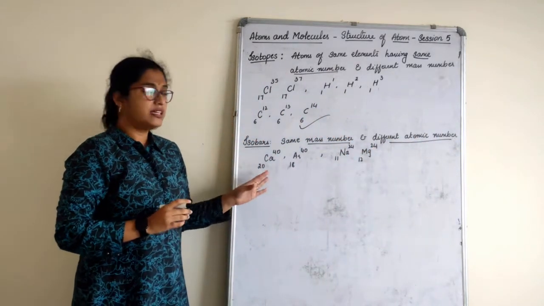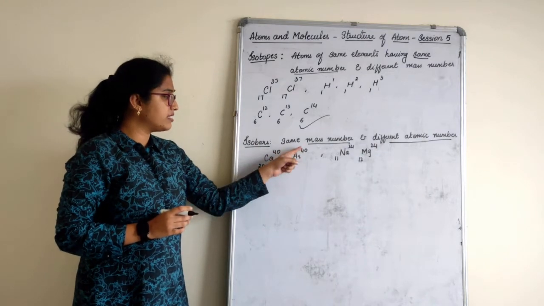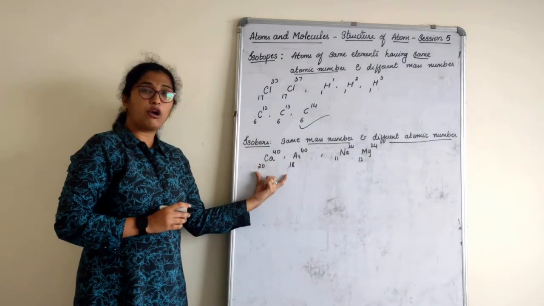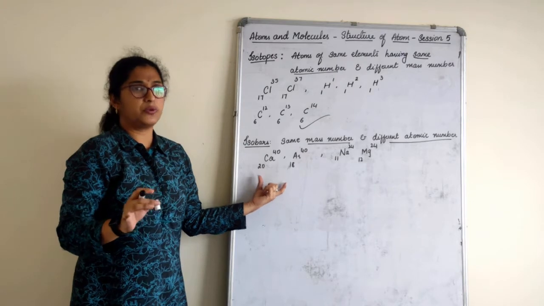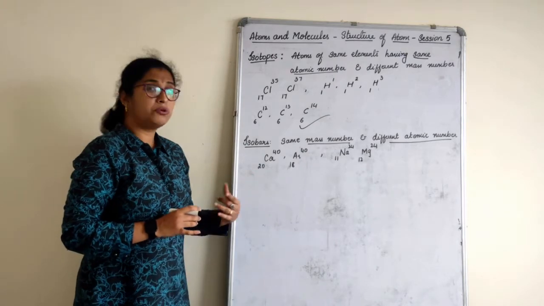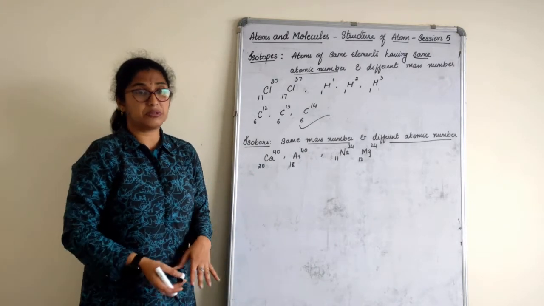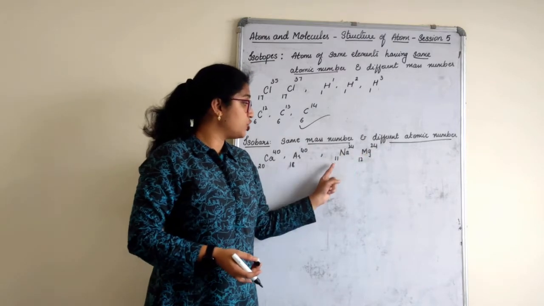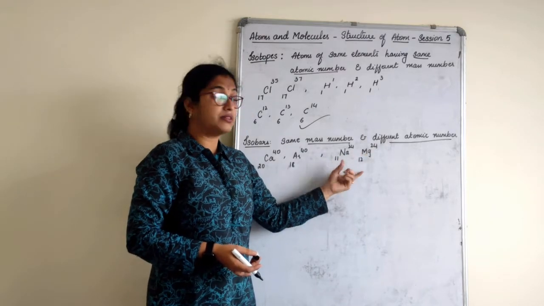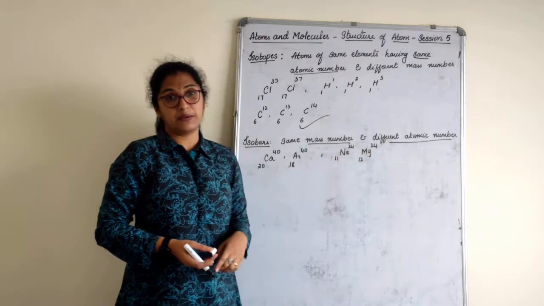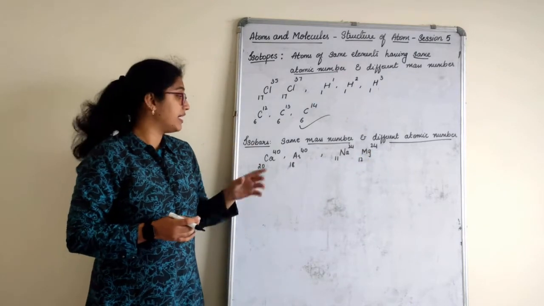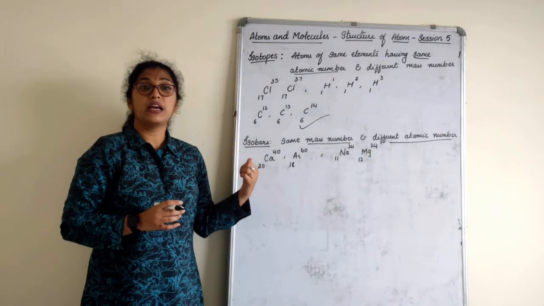Like see here, calcium and argon share the same mass number but their atomic numbers are different. No uses. We don't have anything here because calcium is used somewhere and argon is used somewhere. Sodium and magnesium have different atomic numbers but their mass number is the same. Such atoms are called isobars.